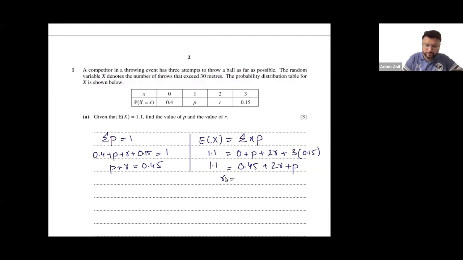1.1 minus 0.45 is 0.65. So 2r plus p equals 0.65. That's the second equation. This is the first equation. Just solve the two equations simultaneously.